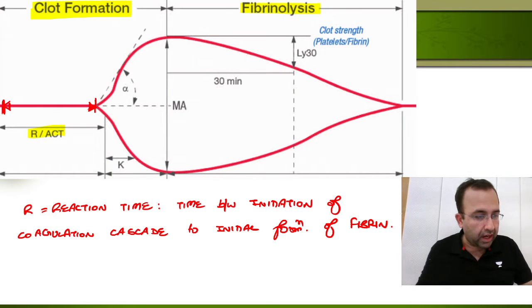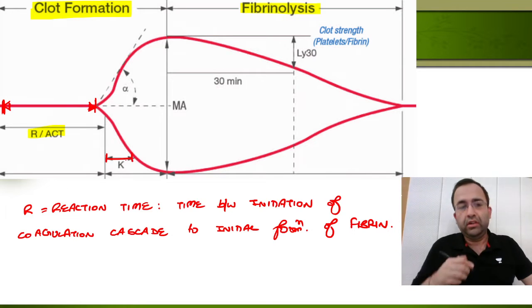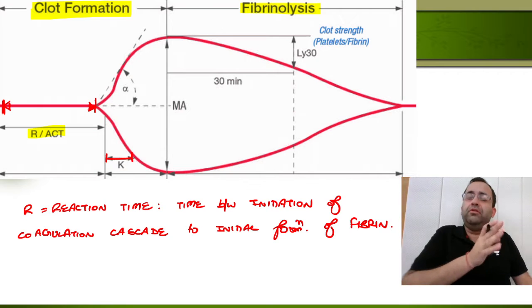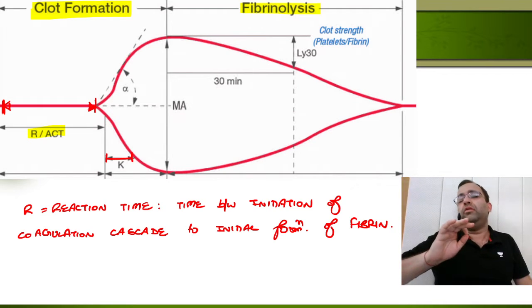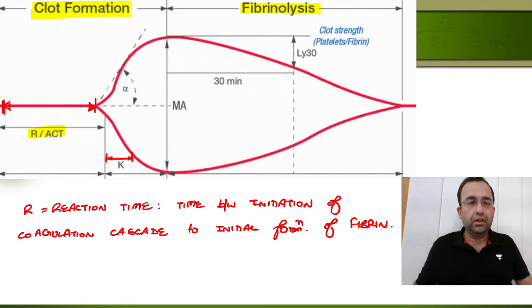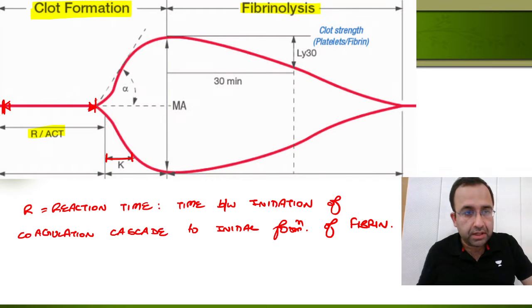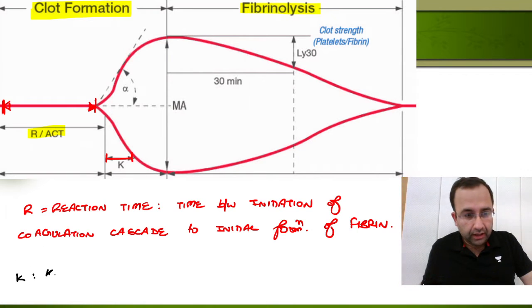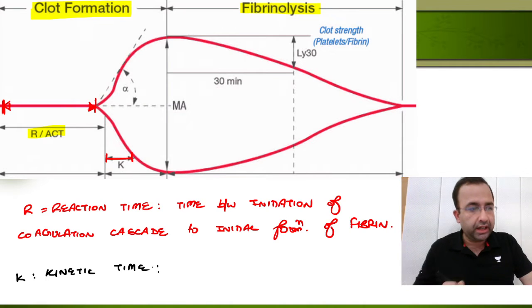Next, after the reaction time is K, that is kinetic time. First was initiation of coagulation cascade to formation of fibrin clot. After reaction time is K, the kinetic time.